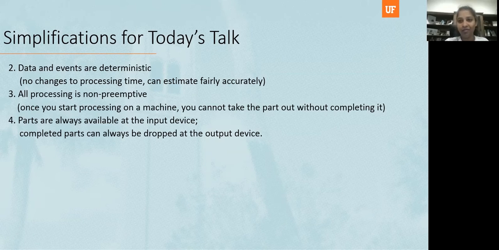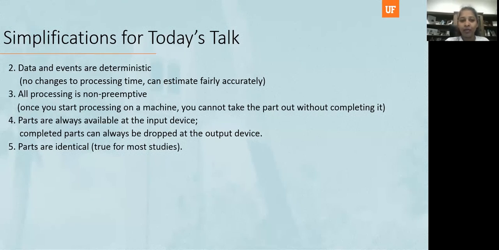So that is an assumption. And I think it's a realistic one. Parts are identical. This is typically the case because you don't use robotic cells for like one part. Let's say you do part A first, then B, then C, then D. Then you don't do that. You produce one type of part, then you can change the type of part that you produce.